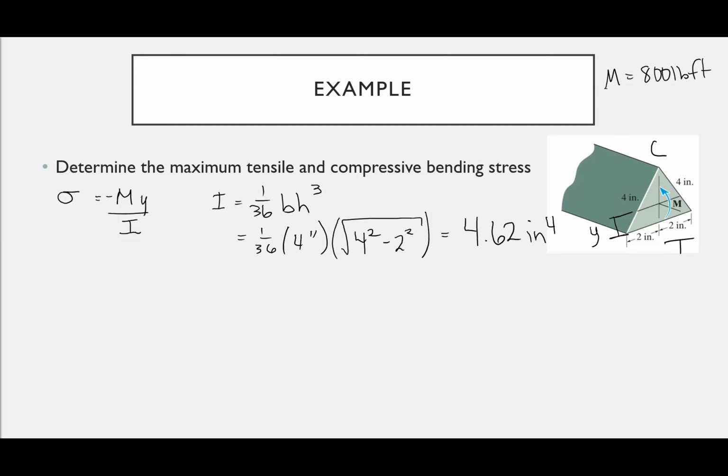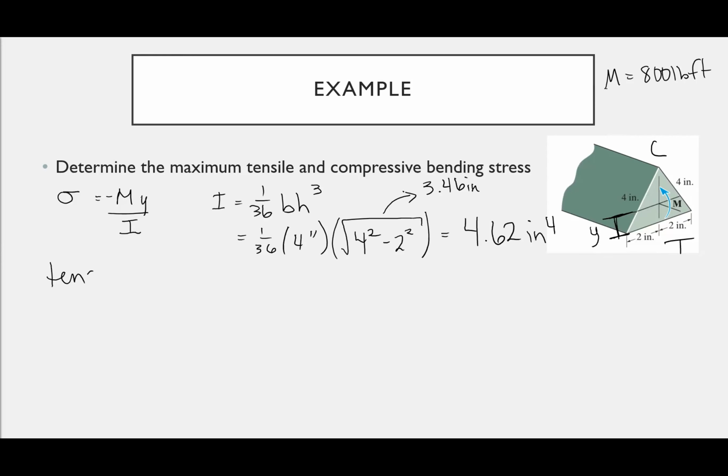So the height, this height here, square root 4 squared minus 2 squared, simplifies to 3.46 inches. This distance, Y, to the bottom is going to be 1/3 of that, correct? Okay.